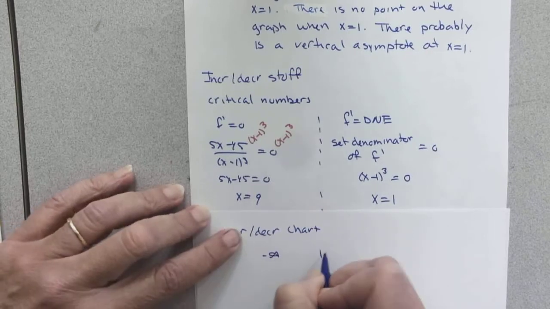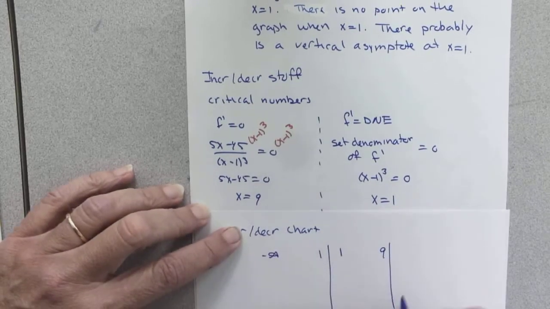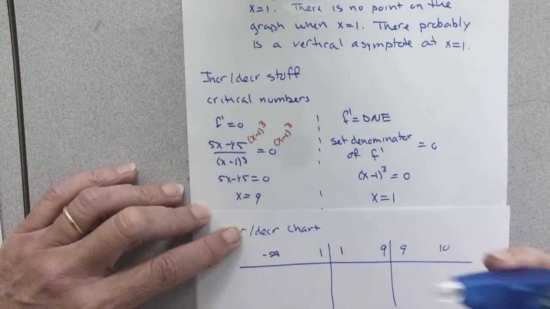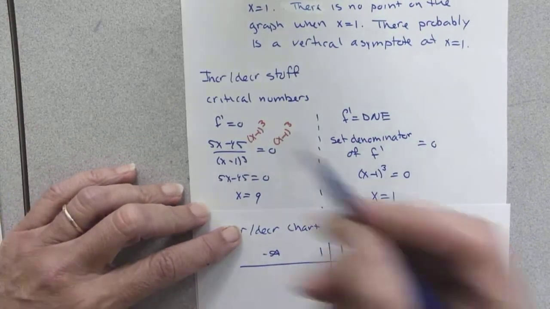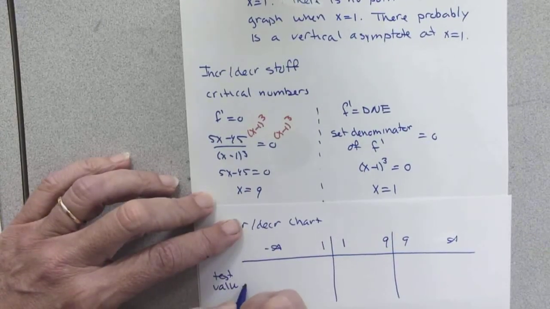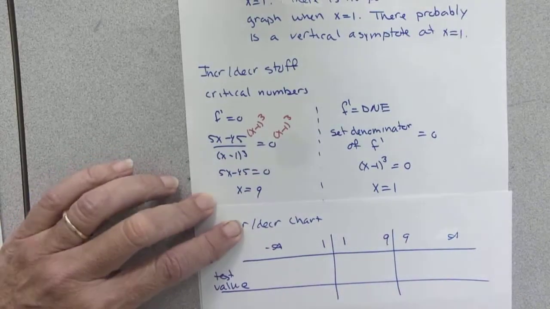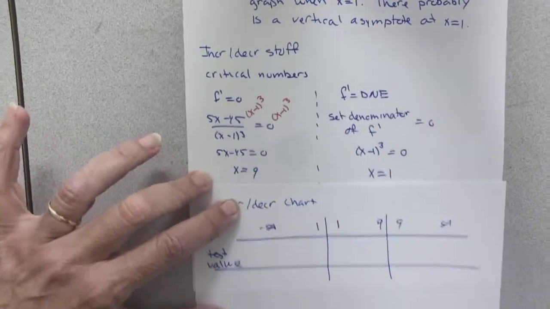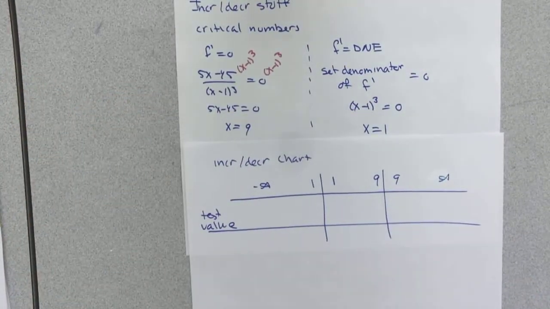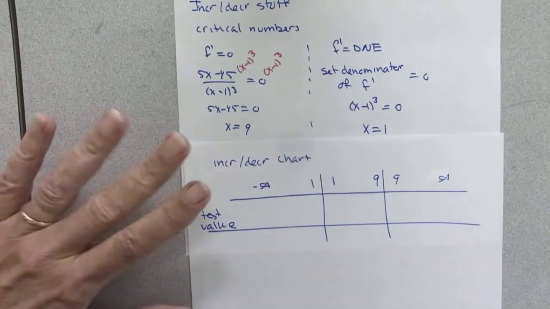So negative infinity to 1, 1 to 9, 9 to infinity. Test value. And like I said before, some of you, if you've had calculus before, have seen this done with number lines. I've seen some people run their charts vertically. I don't like that, but I've seen it. Different people organize this information different ways. I just like this chart method.